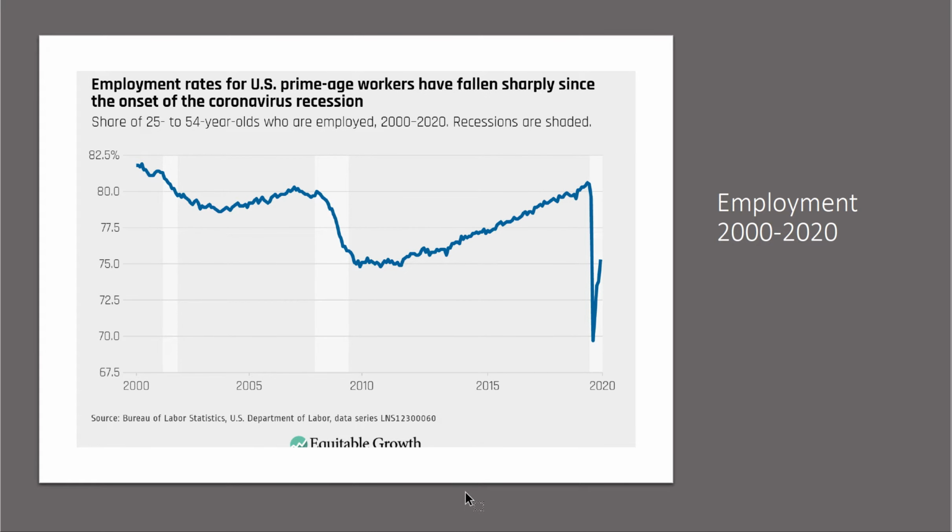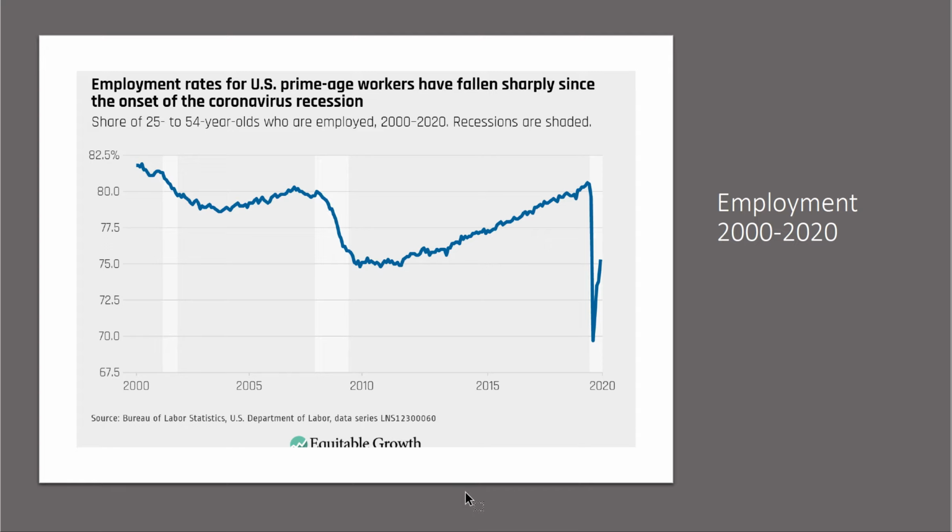The unemployment rate, I mean, this drop here from nearly 81% of people between 25 and 54 working. You can see that drop right about 2008. That was the Great Recession, when the housing bubble burst right around there.